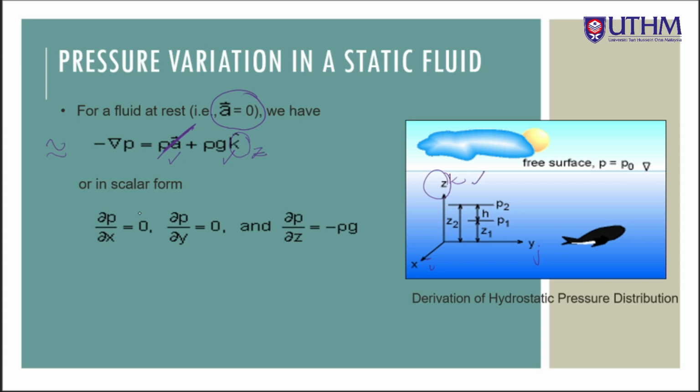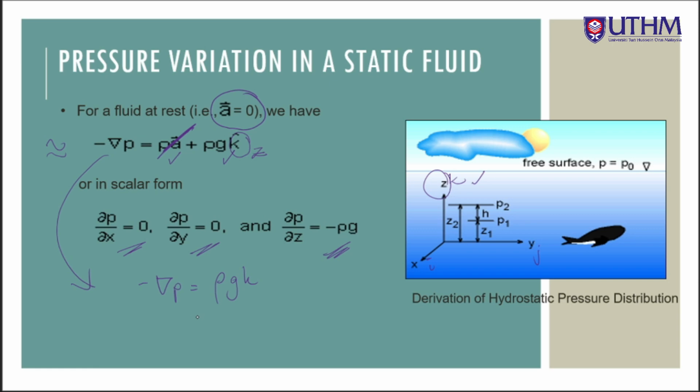That is why in scalar form, change in pressure in x direction will be equal to 0. Change in pressure in y direction is equal to 0. However, change in the z direction should be minus rho g. Pressure would be rho g k, kan?